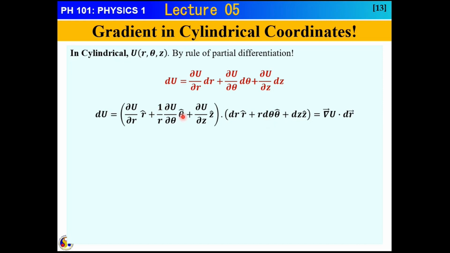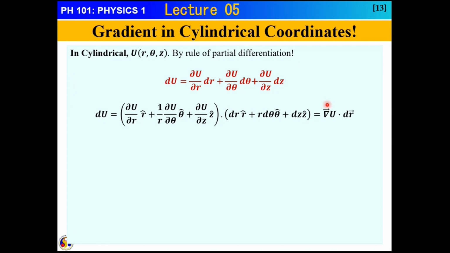Then if you want to write this like this, you have to make r cap. Here it was dr, so here it's fine. Del u by del theta, here r is coming, so I have to divide by r here. And so on here.